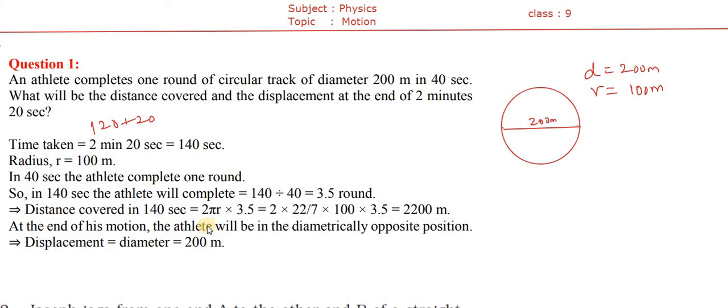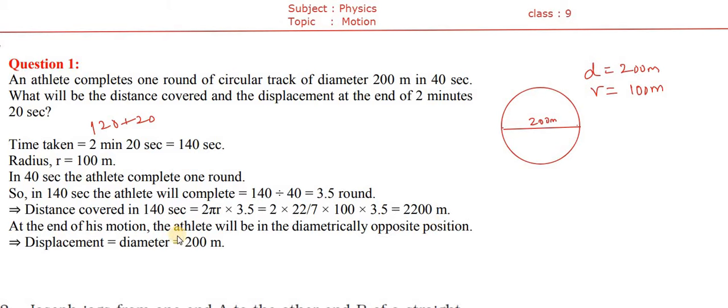So the distance covered in 140 seconds is 2 pi r into 3.5. That is 2 into 22 by 7 into radius 100 into 3.5. We simplify that, so the distance covered is 2200 meters.